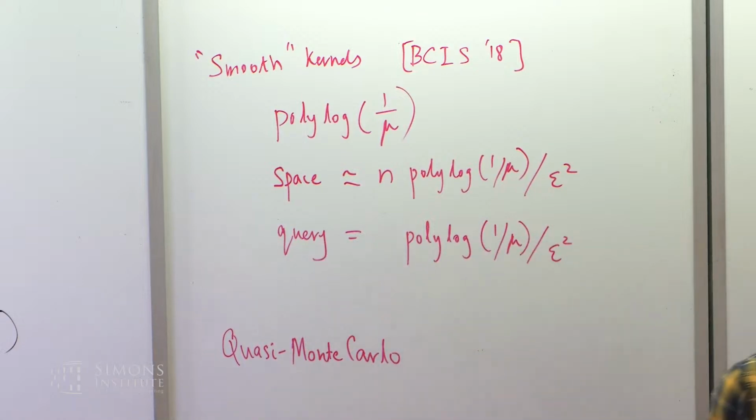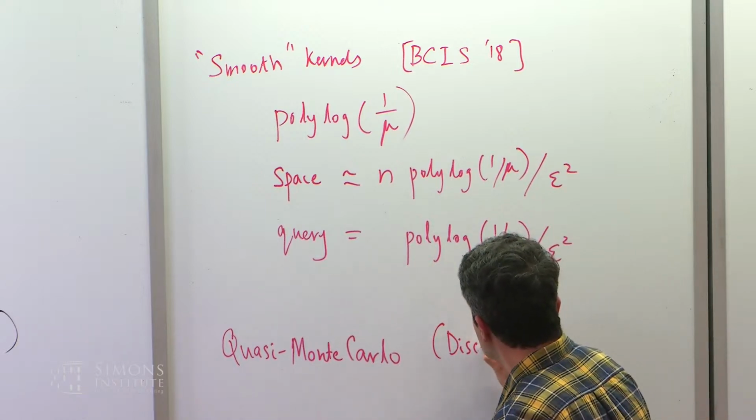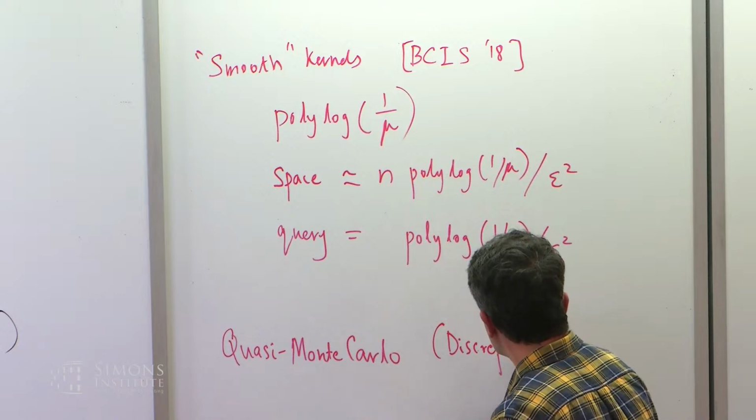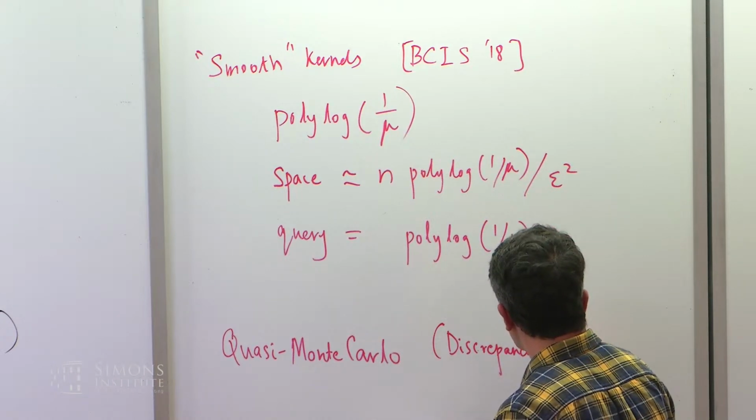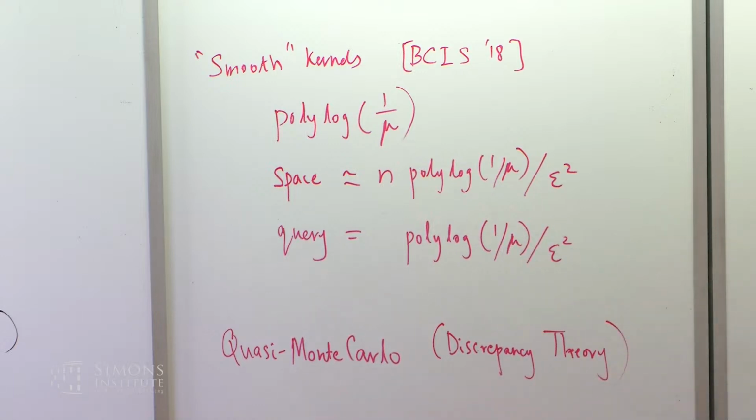I didn't know this term, but I have to thank my co-author, Michael Kapralov, for introducing both of us to this term. Quasi-Monte Carlo methods are methods that are based on discrepancy theory. And if this sounds like a bunch of new jargon, I'll hopefully try to deconstruct and explain what this is.